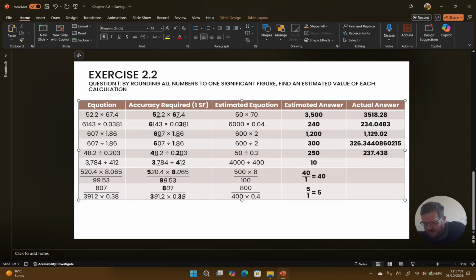Let's see if I can fit all these digits in. 1, 2, 3, 4, 5. I should be able to. 6, 7, 8, 9, 10. Oh, that is absolute murder.